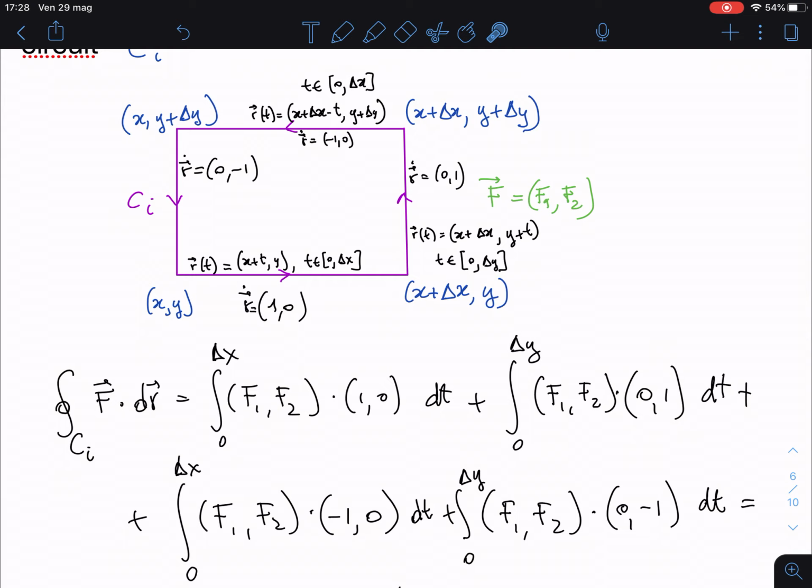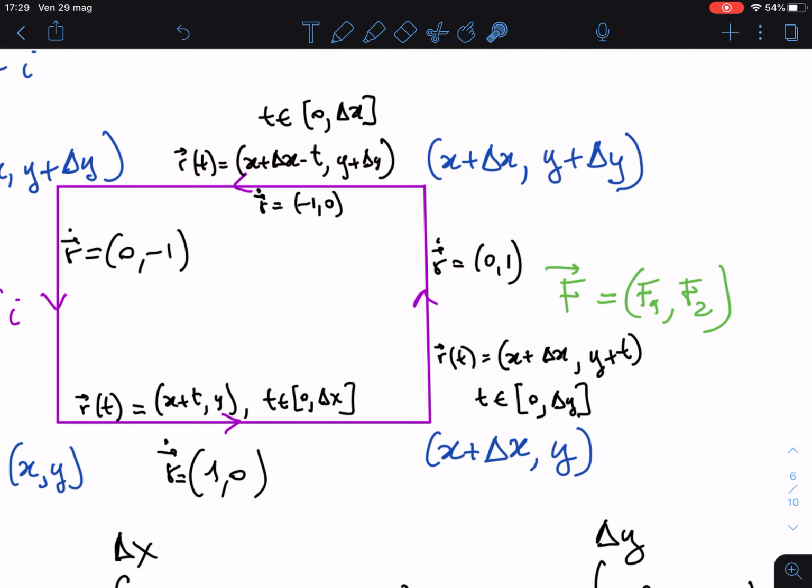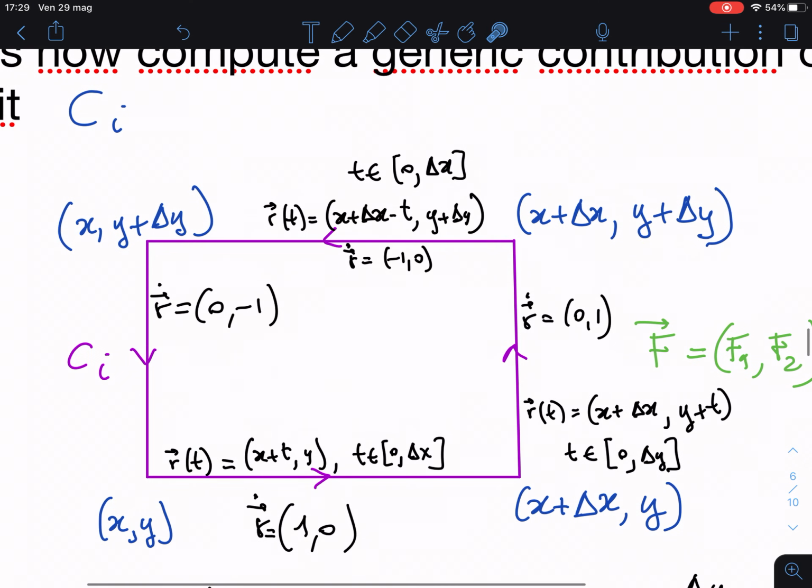Then we go to the third term. And in the third term, we have this parameterization this time, I explained in the last video. The x-coordinate is x plus delta x minus t. So when t gets to delta x, we are here. And the velocity is (-1, 0).